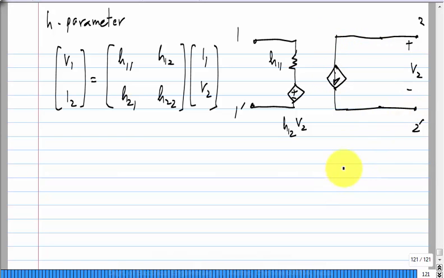What is the value? H21 I1, where I1 is that way, and a conductance H22 in parallel. I will write H22 here. H22 has dimensions of conductance, so that is what that is, okay.